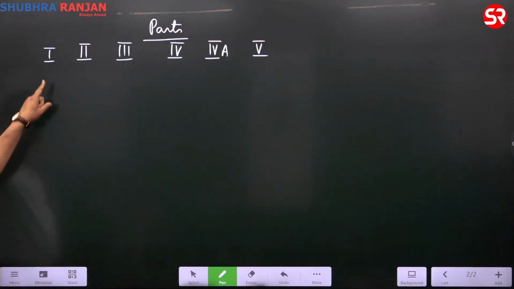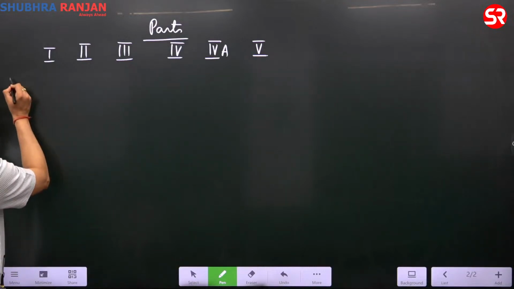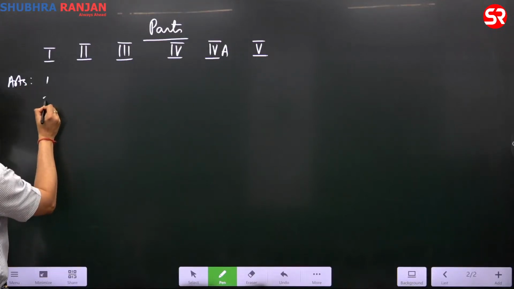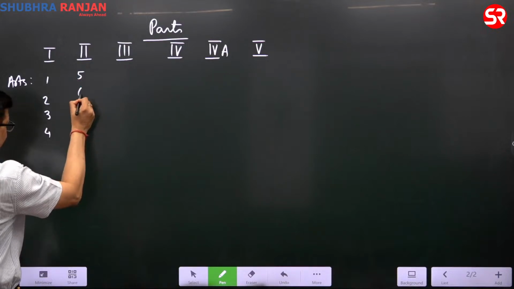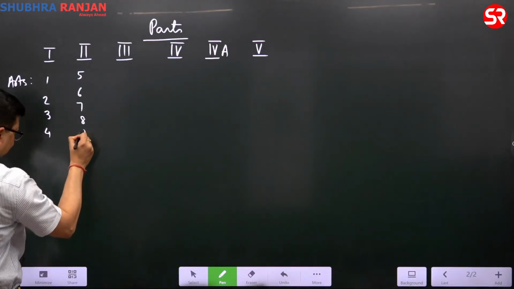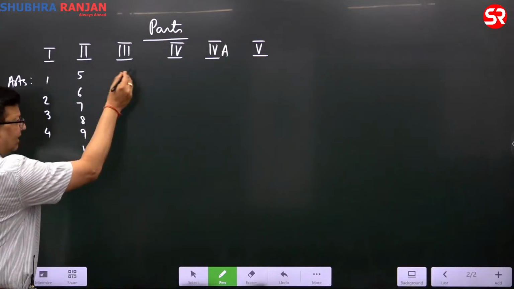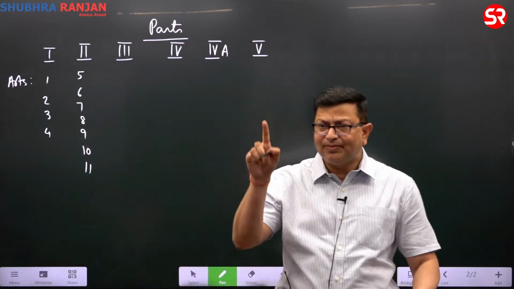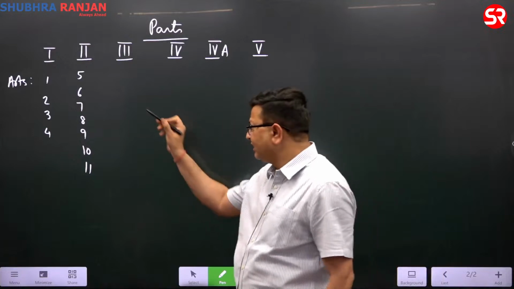And after the part, we have the articles. So, the broader aspects are the parts, and then we have the articles.